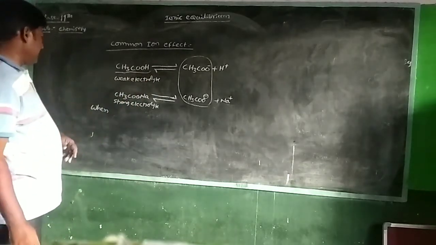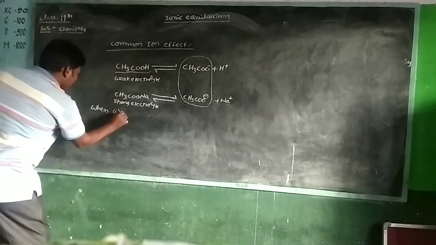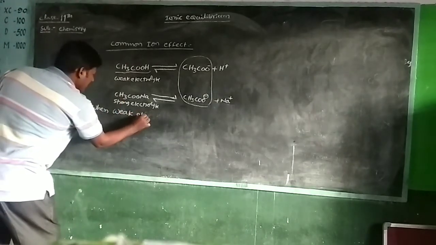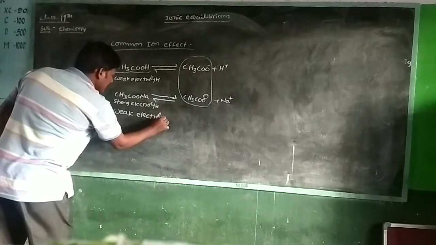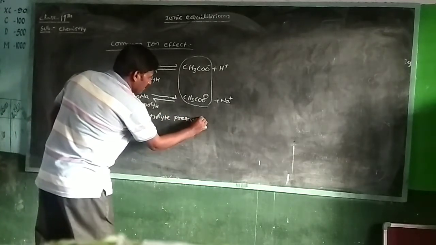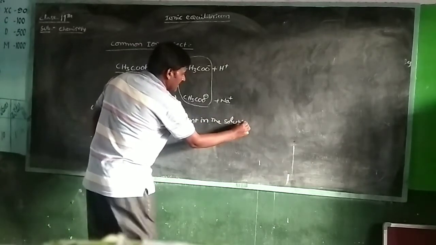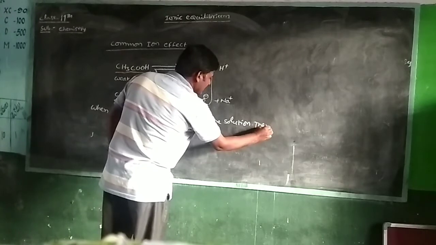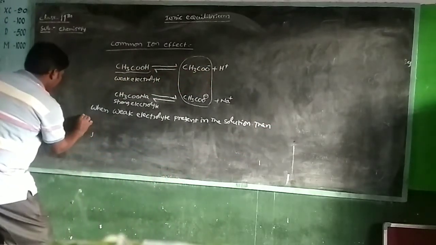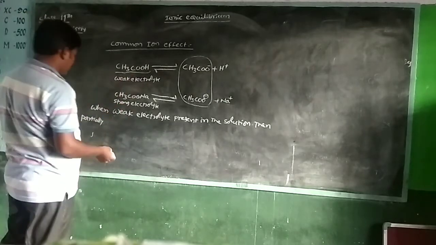When a weak electrolyte is present in the solution, it is always partially dissociated.